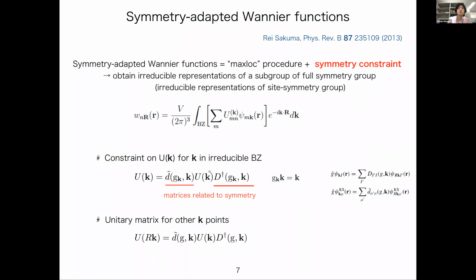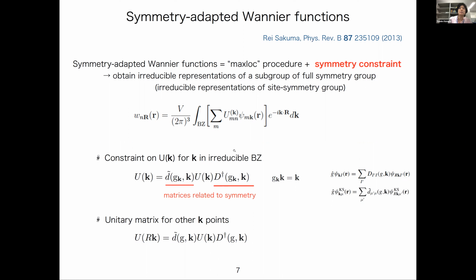The unitary transformation U for the irreducible K point should satisfy this formula. Basically, in the symmetry adapted Wannier function, we try to obtain the unitary matrix only for the irreducible K point. This is natural because it is symmetry adapted. So we need to treat only the irreducible K point.